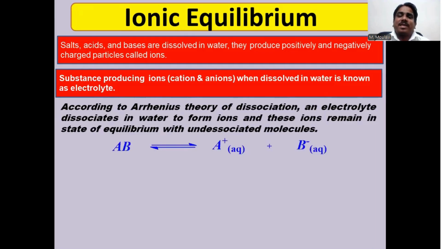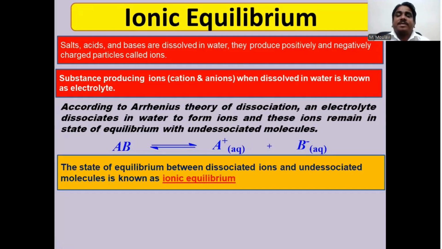So this electrolyte, the AB molecule, undergoes dissociation to form A+ ion, that is the cation, and B- ion, that is the anion, in dissolved form. There exists an equilibrium between the dissociated ions and the undissociated molecule, and this state is known as ionic equilibrium.